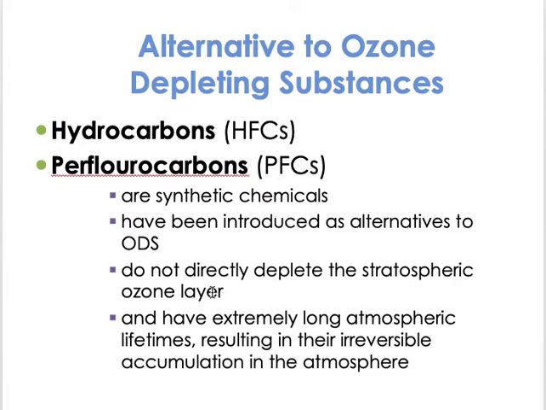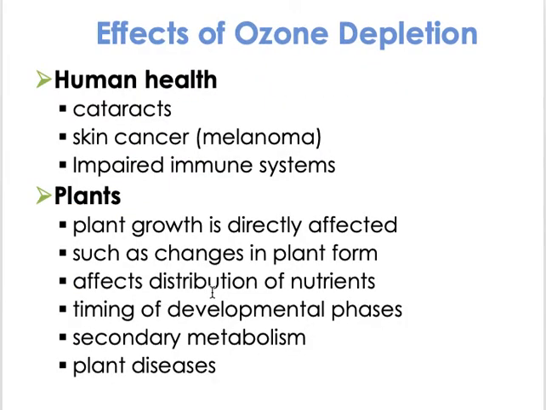So what are the alternatives to ozone depleting substances? You have hydrocarbons, you have HFCs, you have also perfluorocarbons, yan, with these particular characteristics. Okay, so for example, PFCs have extremely long atmospheric lifetimes resulting in their irreversible accumulation in the atmosphere.